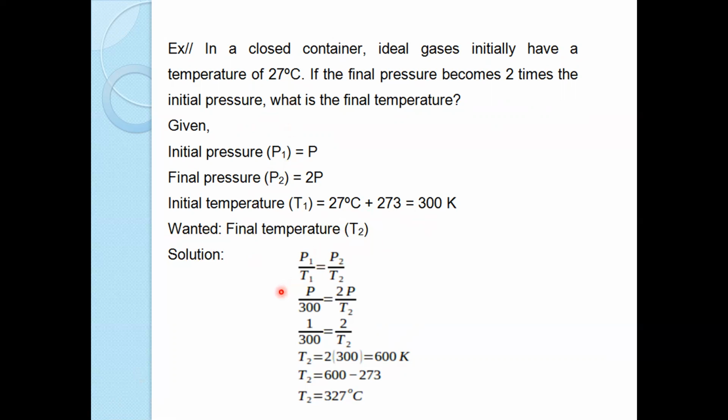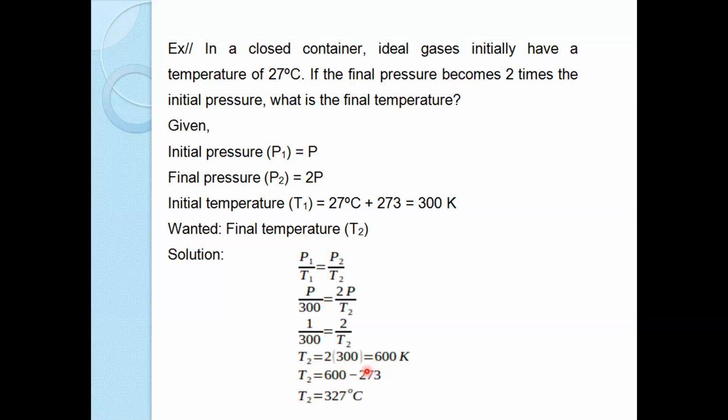Now we have to plan our solution. We put the equation P1 divided by T1 equals P2 divided by T2 and rearrange the equation to find T2. And we have to substitute the known information and calculate our result.